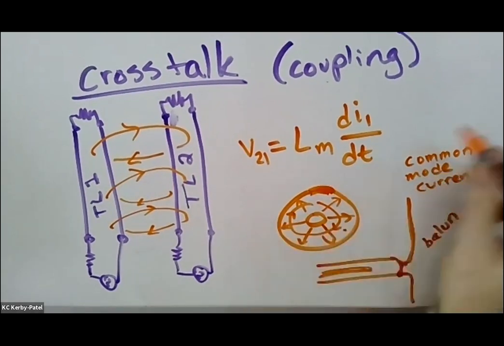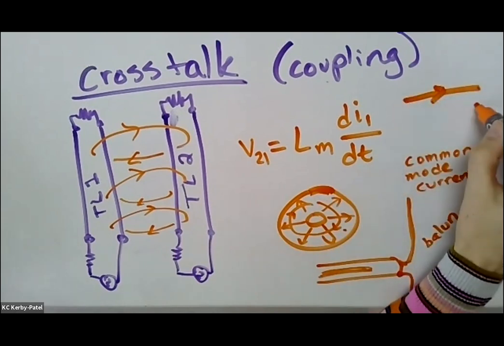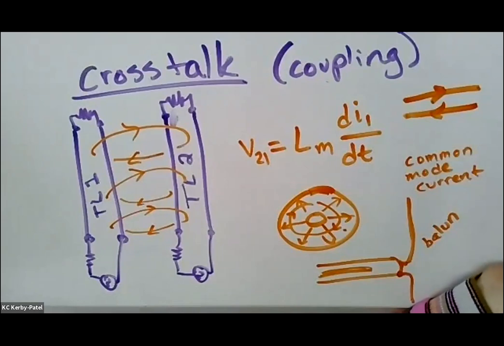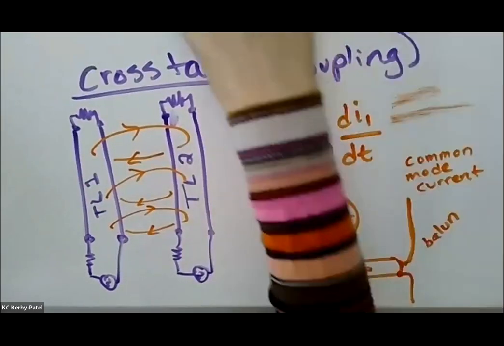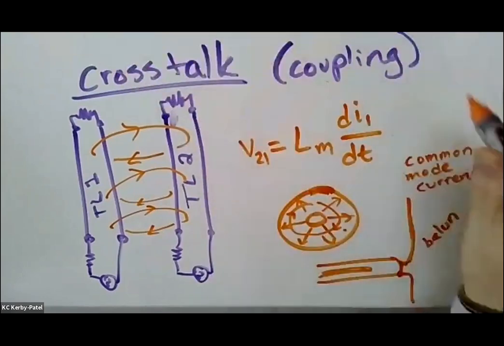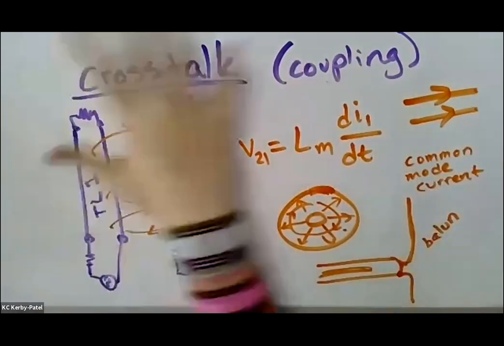Common mode current is where on your transmission line, instead of having one current flowing this way and the other one flowing that way, so they're in a nice, well-behaved transmission line mode that doesn't radiate, sometimes they will do this and they'll both flow in the same direction, and then it does radiate, and then it is really not very well behaved at all. All of these things can happen.